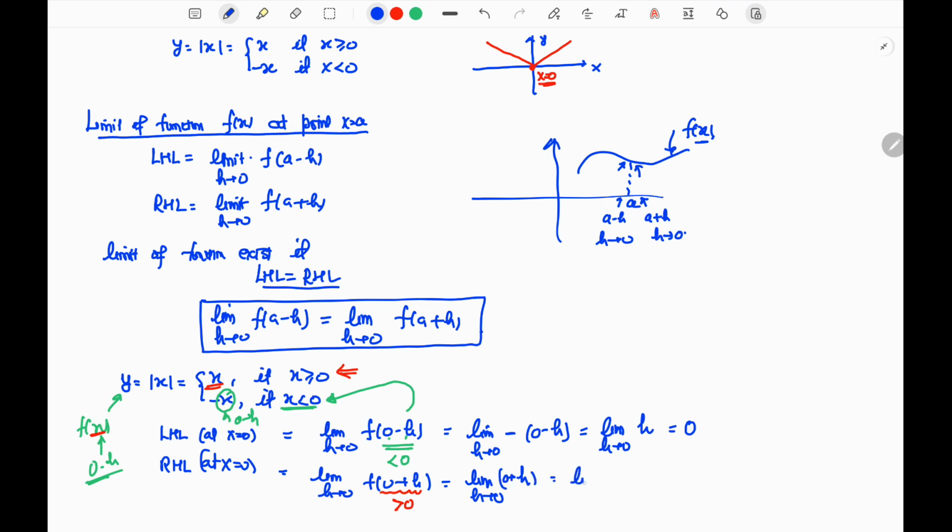So it will give limit h tends to 0 of h, and substituting the value of h equal to 0, we get the value 0. So the left hand limit is equal to the right hand limit, which is 0. So we say the limit exists and the limiting value of the function f(x) equal to mod x, which is the modulus function, at x equal to 0 is 0.